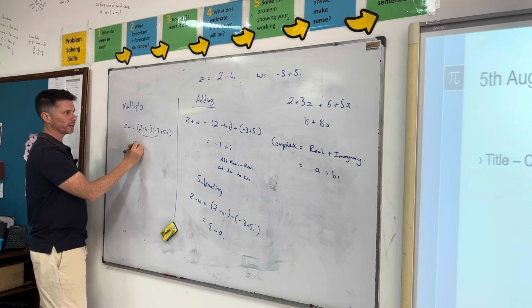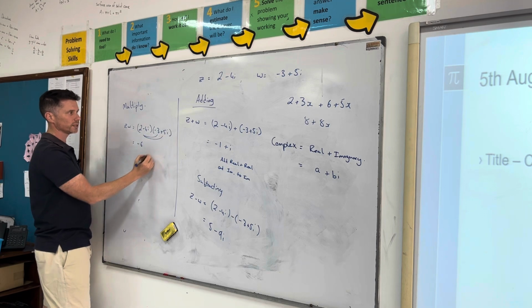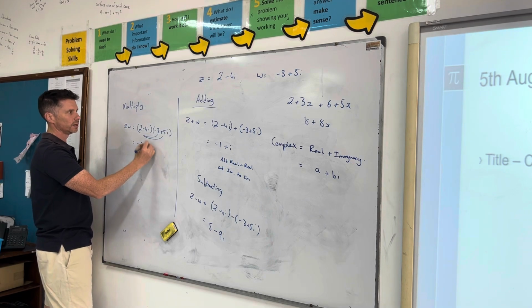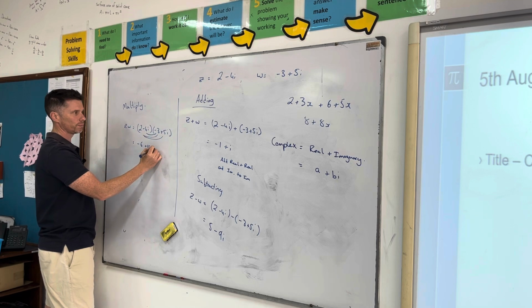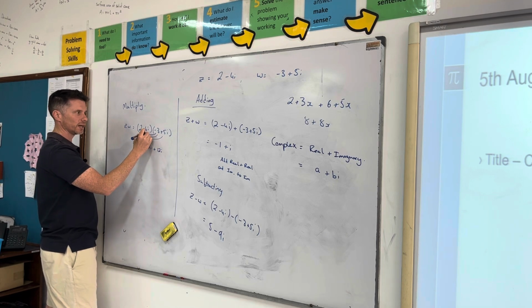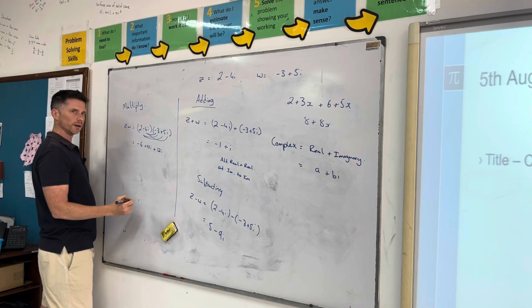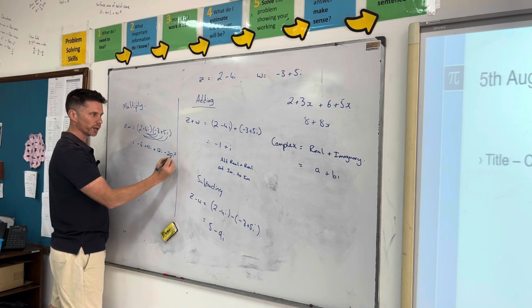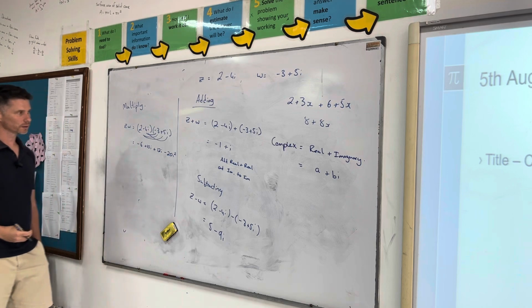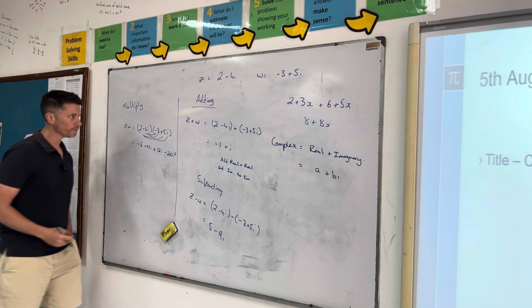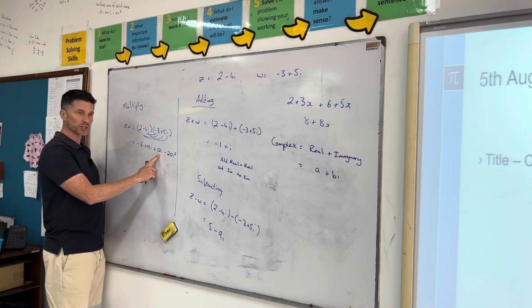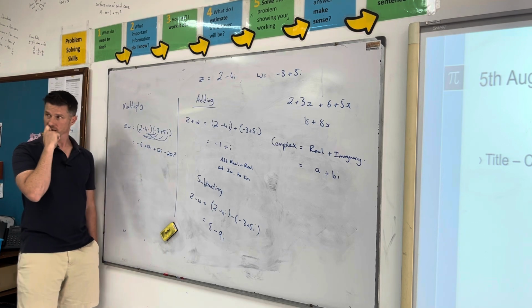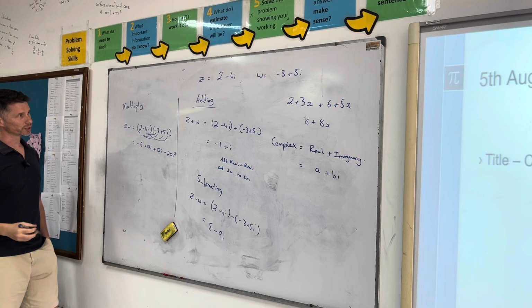So 2 by that is minus 6. 2 by this, 10i. These two together, plus 12i. And the last two together, minus 20i squared. So wouldn't it just be plus 20 because i squared is... very good.